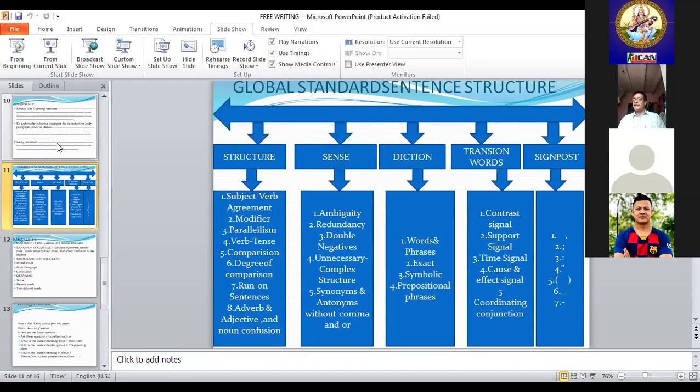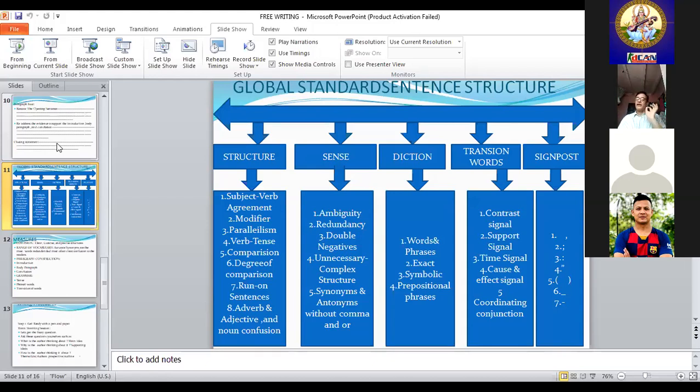Most of the students never understand and never use this sort of signpost. So, to make a very effective sentence, work globally, ladies and gentlemen, not nationwide. This is what I'm teaching you. This level is accepted in GMAT and GRE, and that's why this is phenomenal for the global standard. This is called the global standard of writing.